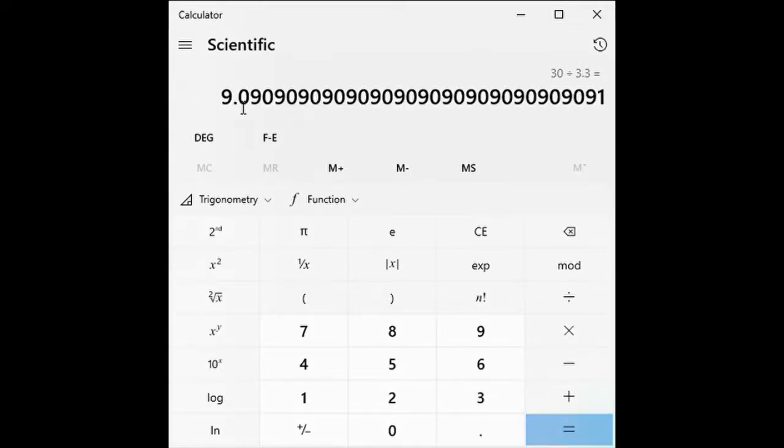So here the answer is 9.09. For a milli ohms resistance it is 9.09. Let us check the answer. The answer is in microamps. So here we have obtained 9.09, so directly 9 microamps will be your answer.